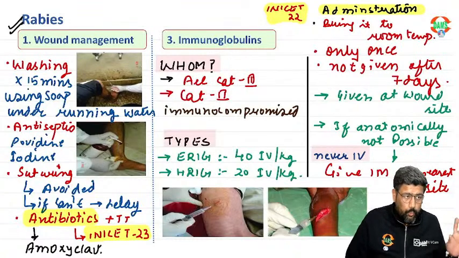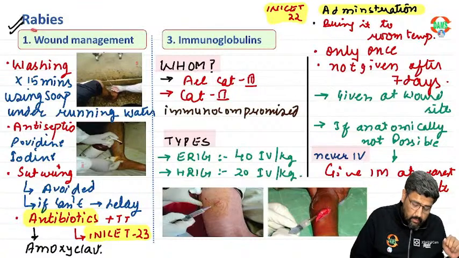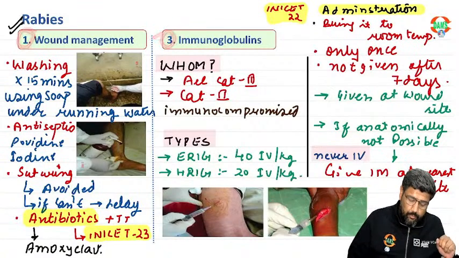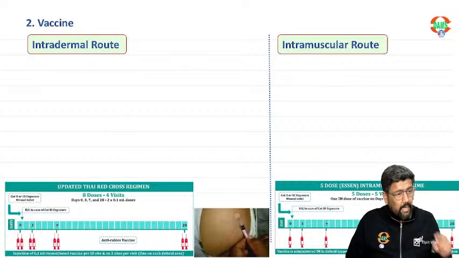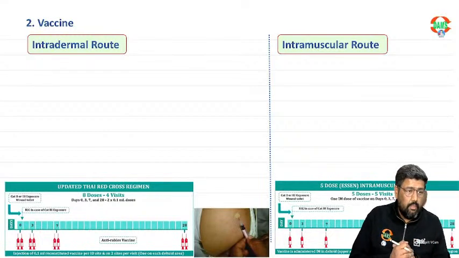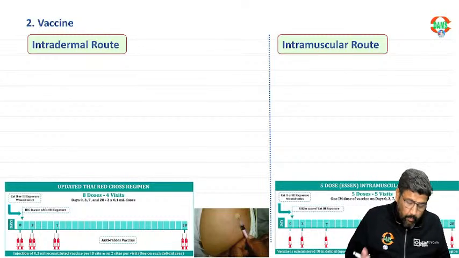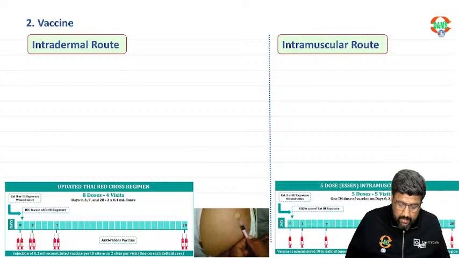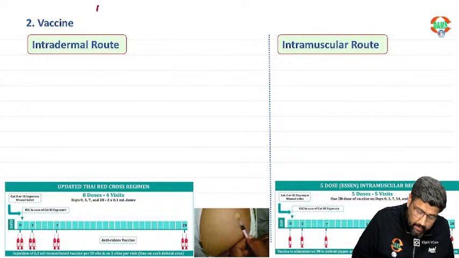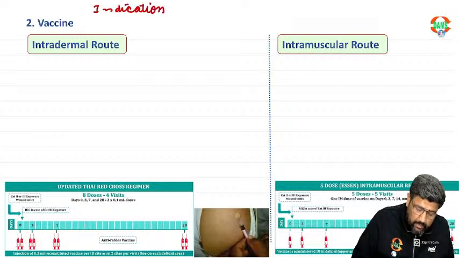Any doubt? No. So we have discussed wound, we have discussed immunoglobulins. Now it's time to discuss intradermal route and intramuscular route of vaccines. Now bacho, if I talk about vaccine, so quickly, can you tell me about indication as post-exposure prophylaxis?